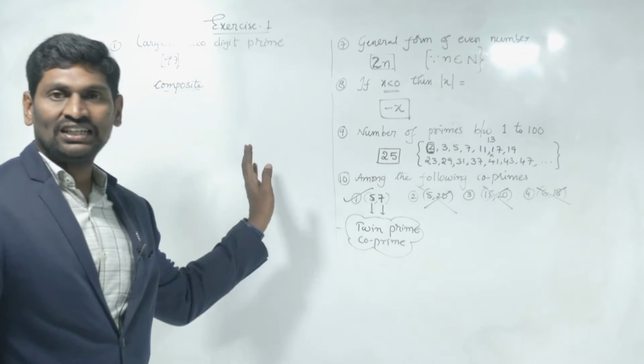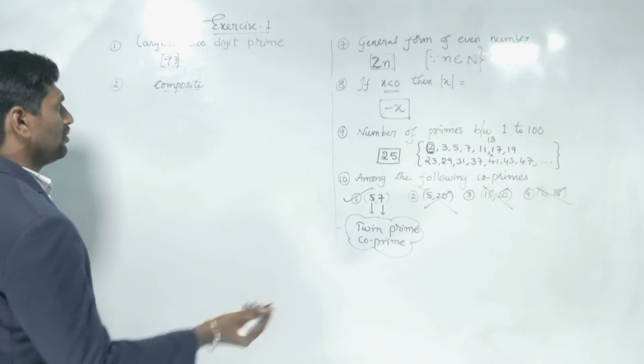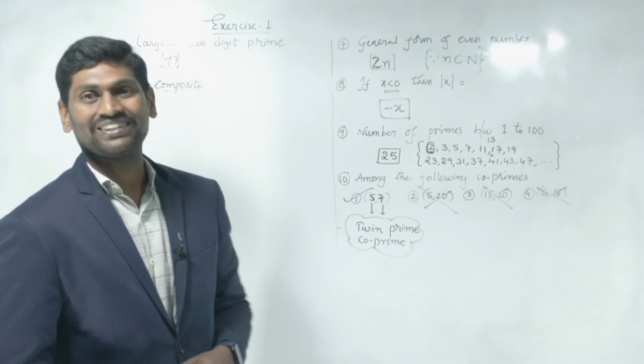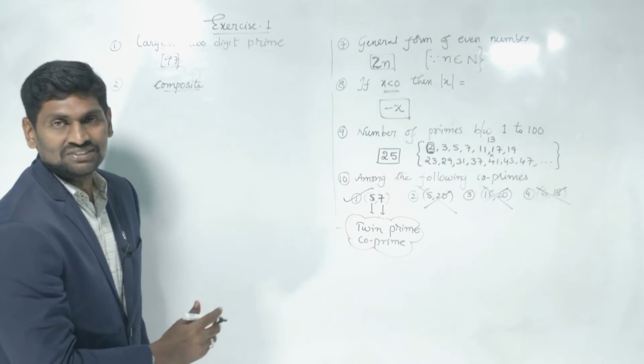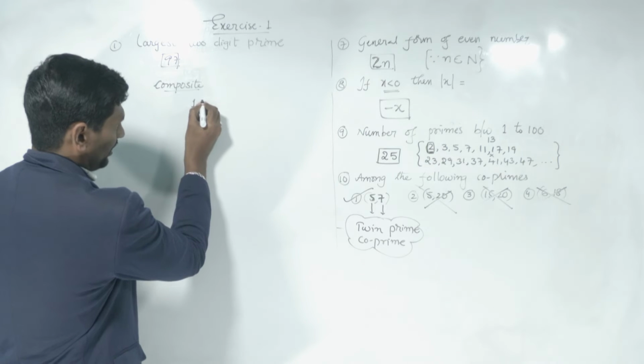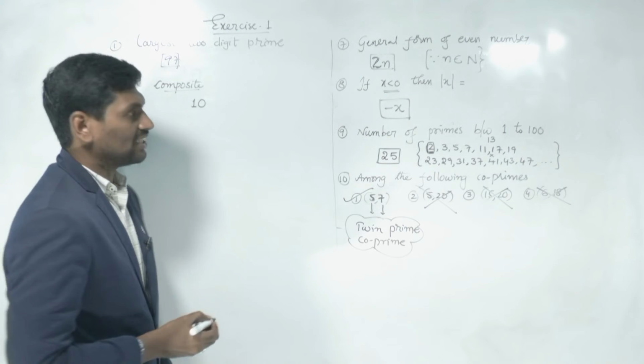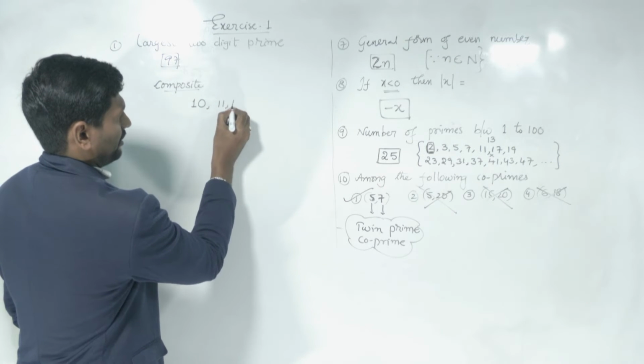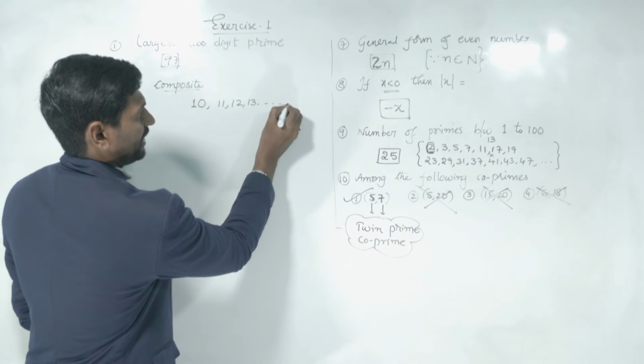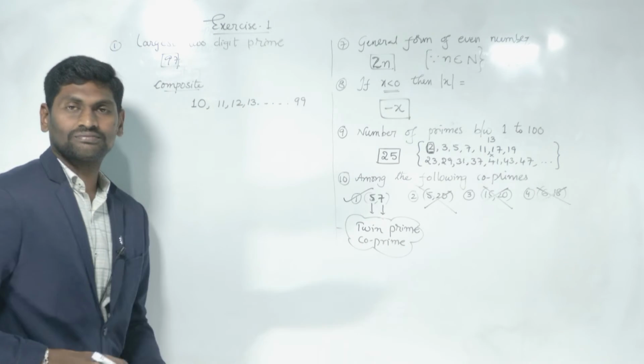But here they are asking the least composite number, a 2-digit composite number. 2-digit numbers start from 10 onwards: 10, 11, 12, 13, like that up to 99. All are 2-digit numbers only.